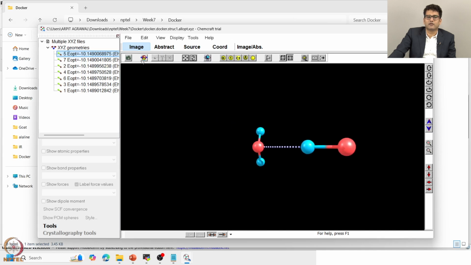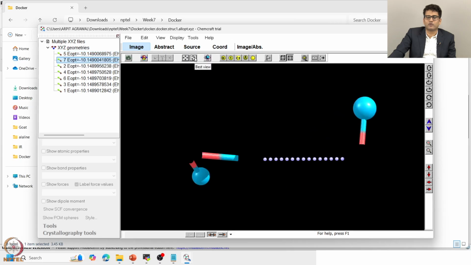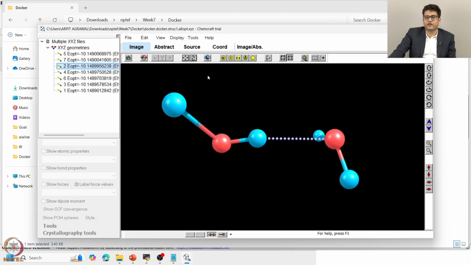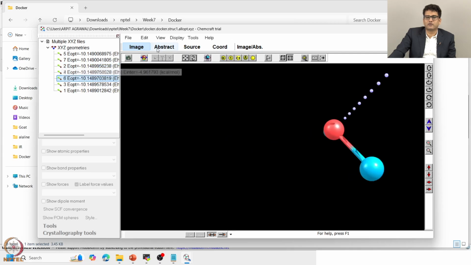So, this is the lowest energy structure. This is the next best. Of course, we have to always go to the next view. I am sorry, some of the structures are coming like shadows. To centralize it. So, this is the third lowest, this is the fourth lowest.